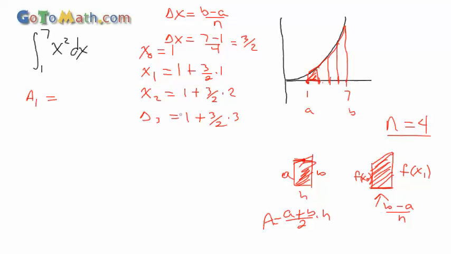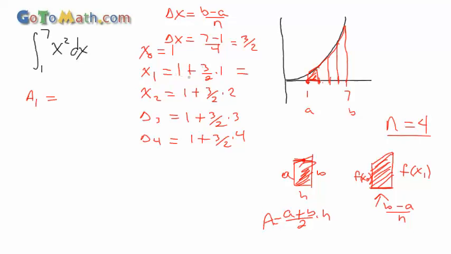That makes sense. And then x of 4 is equal to 1 plus 3 halves times 4. Okay, so we got all of our delta x's here. The first one is just 1, then the second one is going to be this number.